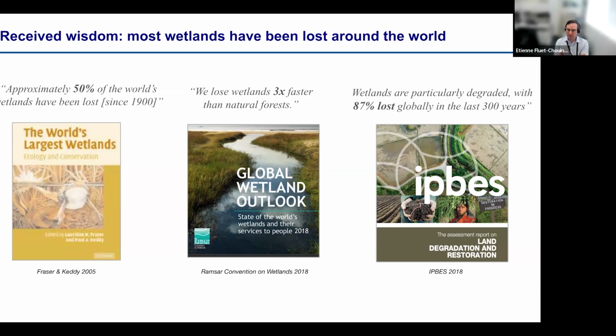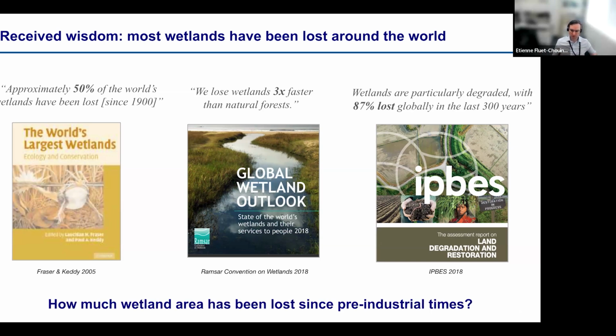Here I'm showing 3 examples of reports that show a wide range in numbers of wetland loss. The 50% figure was repeated for a very long time with unknown sources. So when taken all together, there seems to be a large uncertainty on how much wetlands have been lost. This was the driving question of the first study that I'll be telling you about.